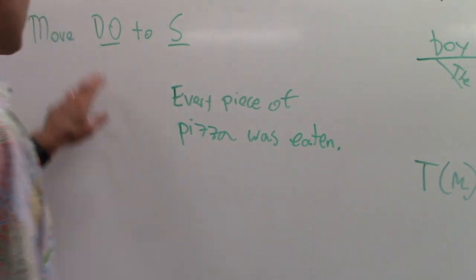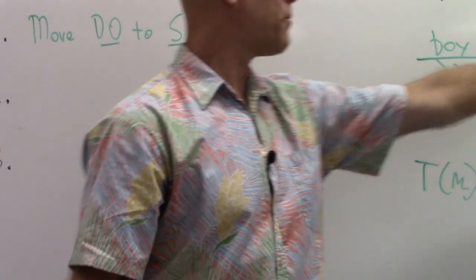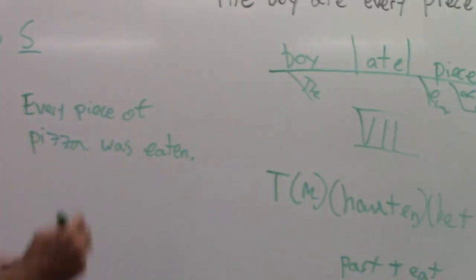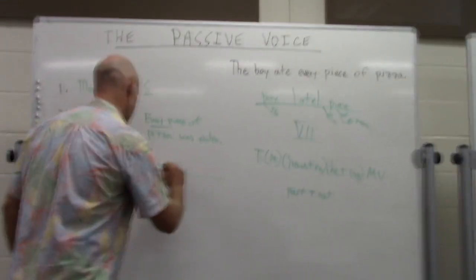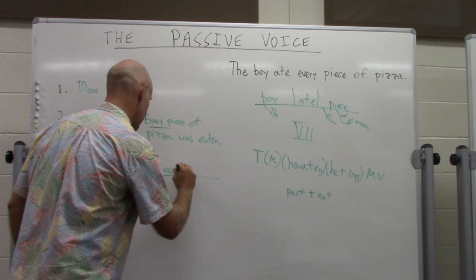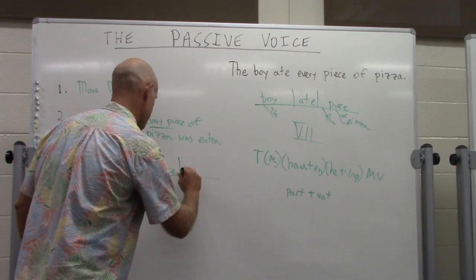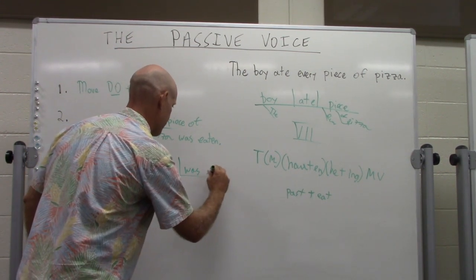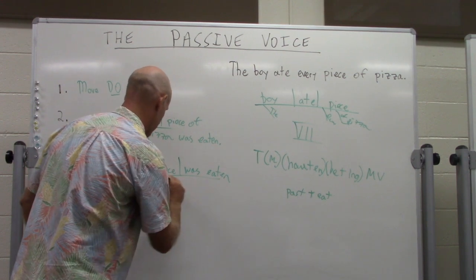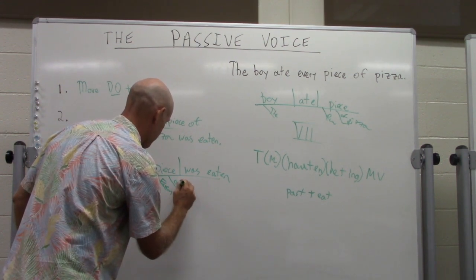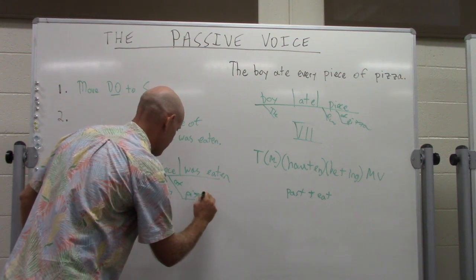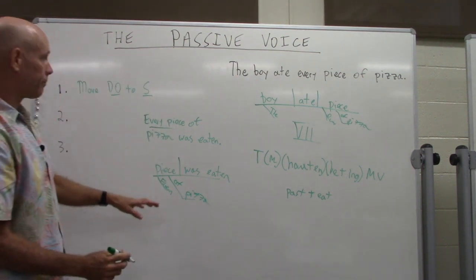Okay? So we took the direct object, we made it the subject of the sentence. Every piece of pizza. We can even diagram this one real quick too. Piece. Okay?